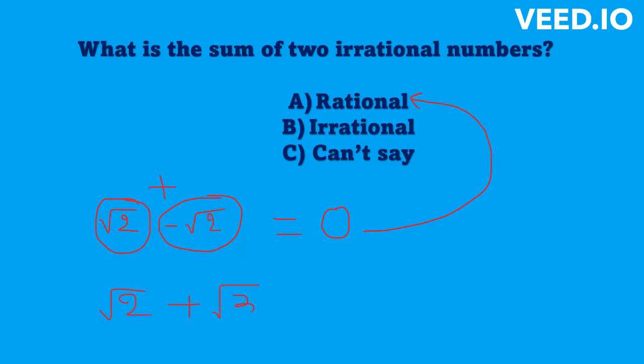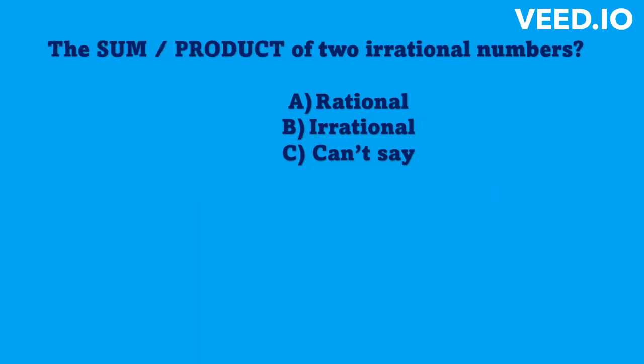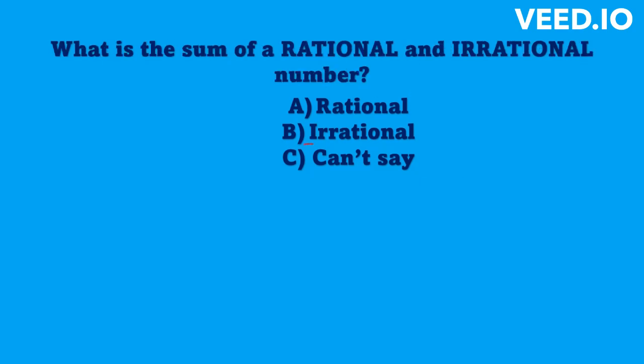We have root 2 and root 3. Both are vague numbers, undefined numbers. So this is irrational. The sum is also irrational. So we can't say. Whatever we do with two irrational numbers, the result is undetermined.